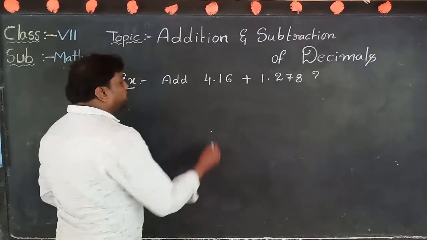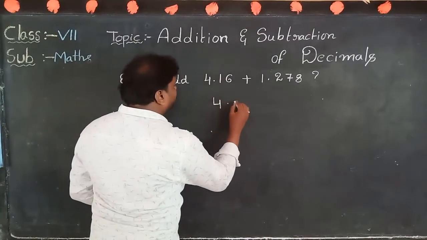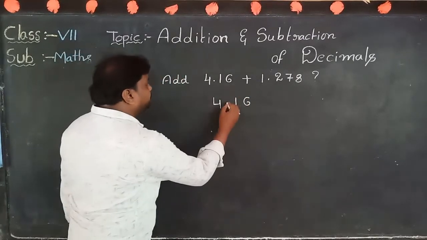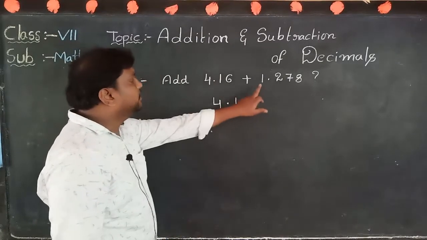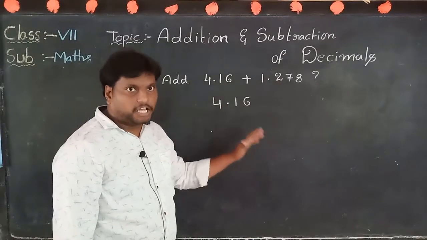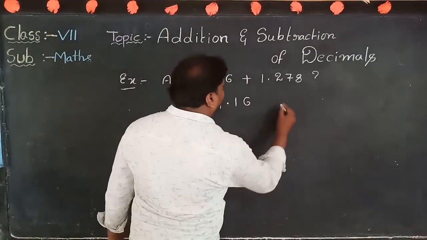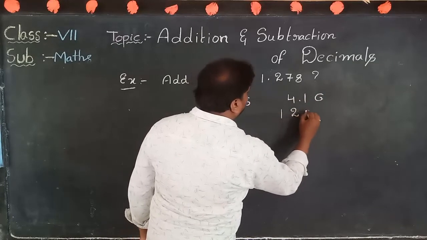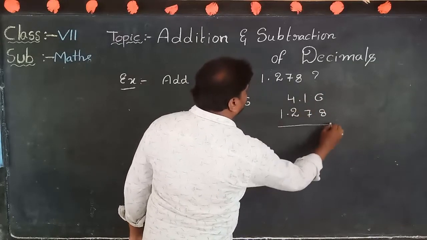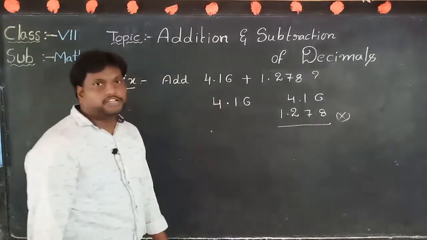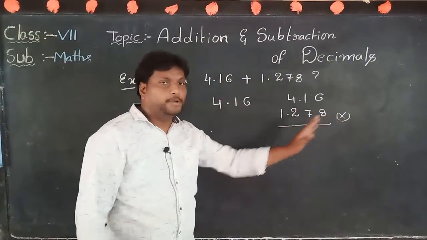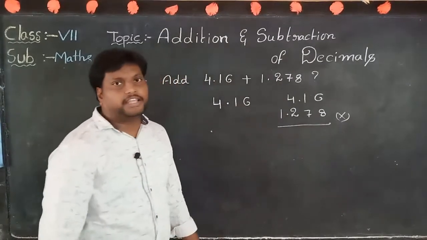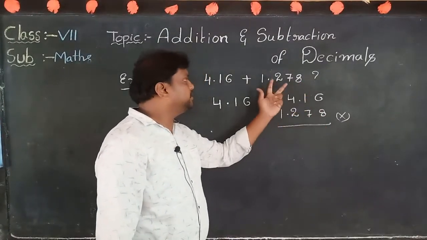In normal addition, some members are taking the numbers like this, which is wrong. Actually in normal addition we depend on place value, taking values from right side to left side. But in decimals we compulsorily have to check the decimal point. See, before the decimal point there is one digit, after it there are 3 digits.